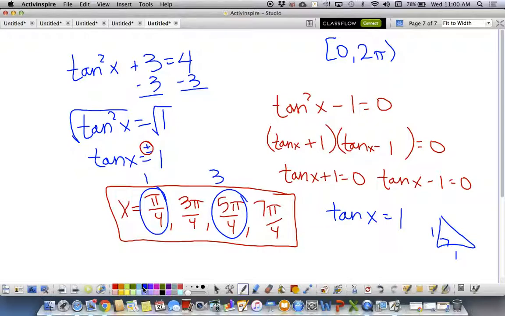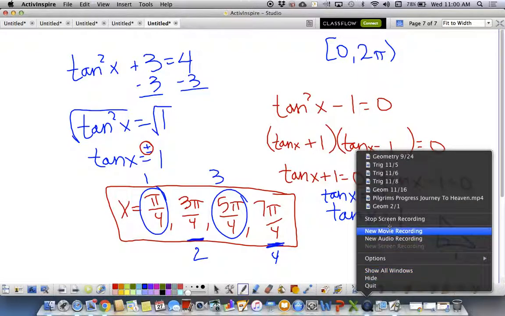But then over here, when we subtracted, we got tan x equals negative 1. So where is tangent x negative 1? In quadrant 2 and quadrant 4. Same reference angle.